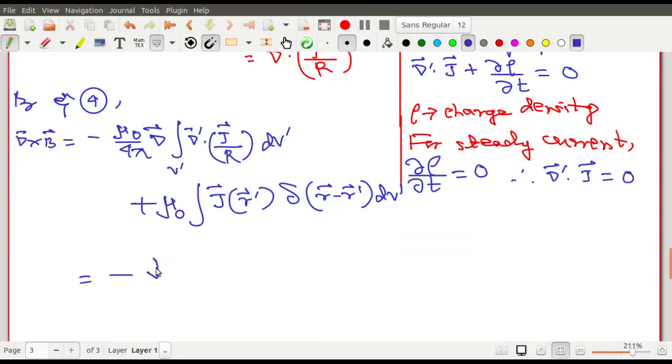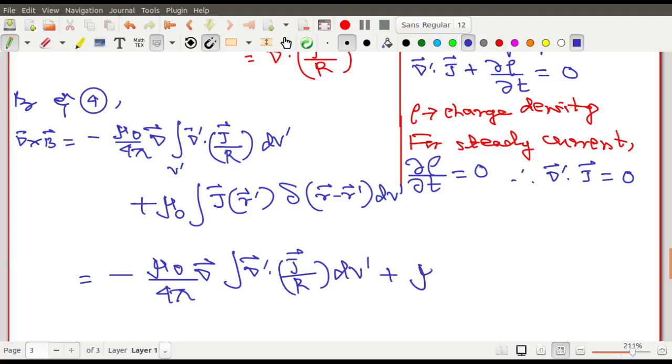Next line is minus mu 0 by 4 pi. This will be as it is, it will remain as it was. Plus mu 0 J of R dashed.